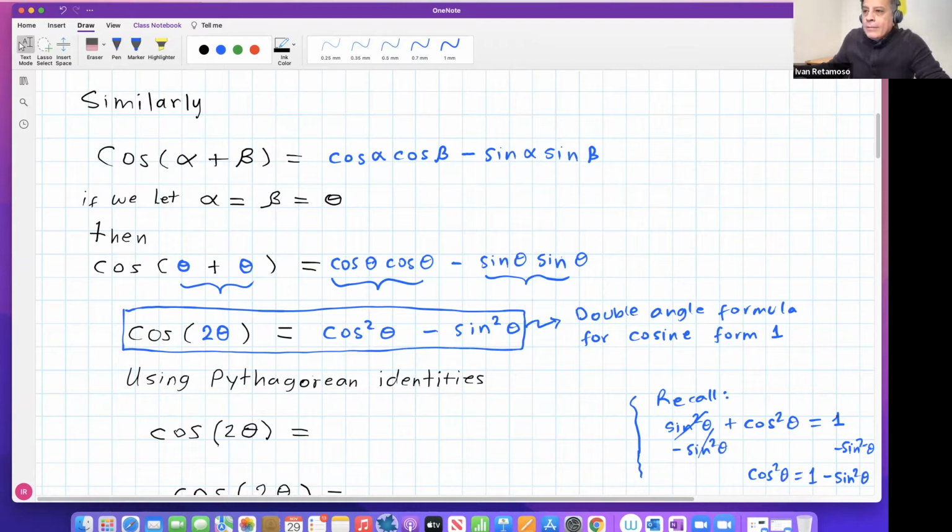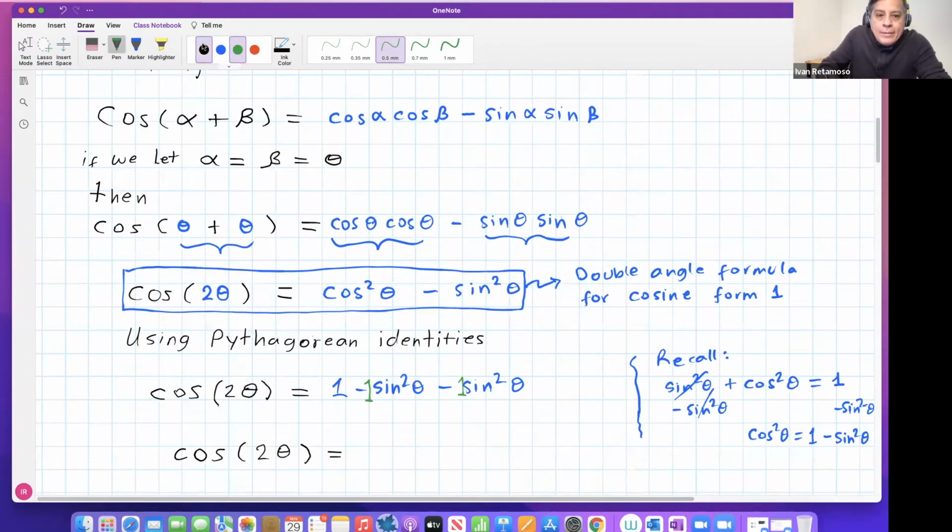Then we're going to be able to get a new form for this formula. Cosine square, remember, 1 minus cosine square here, right? The 2 is going to come up soon. Minus sine square of theta, right? But remember, this guy has an invisible one here, this has an invisible one here.